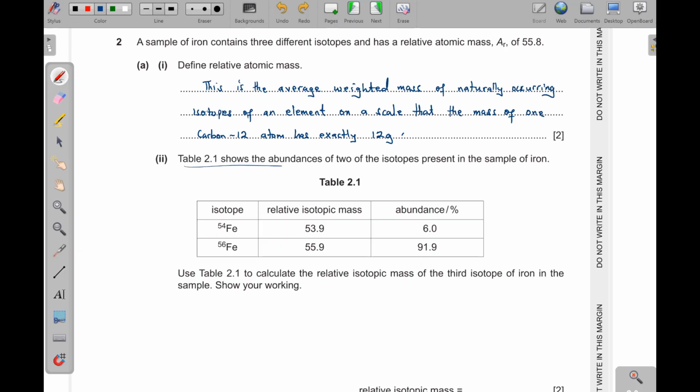Then Roman 2, this table here shows the abundances of 2 isotopes present in the sample of iron. We are given the masses and then the abundances. And then they want us to calculate the relative isotopic mass of the 3rd isotope. Okay, remember AR is equal to the sum of isotopic mass, then times the percentage abundance.